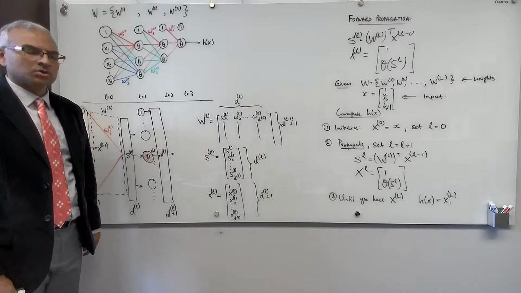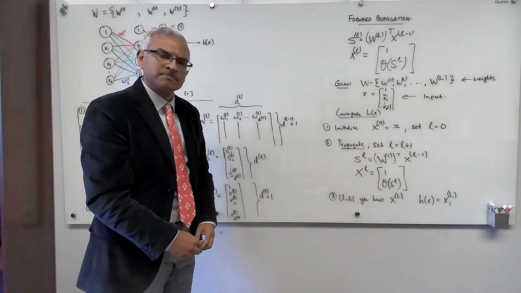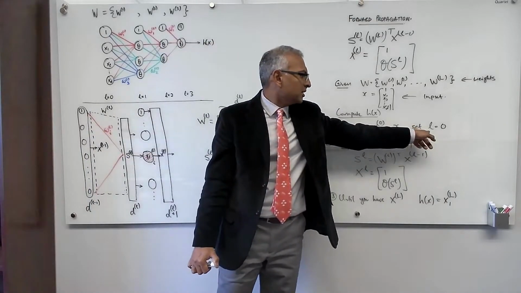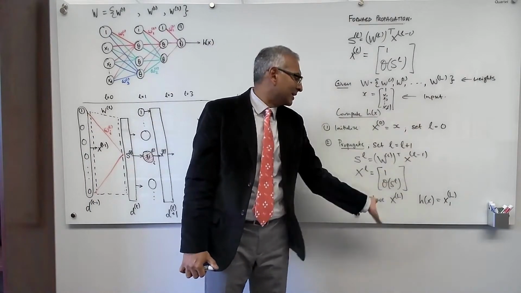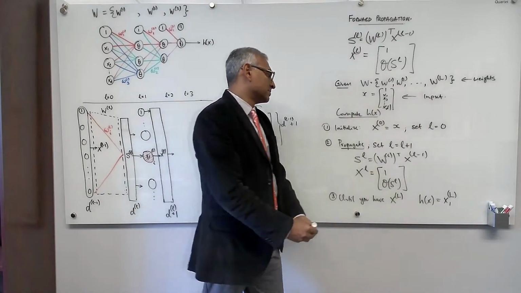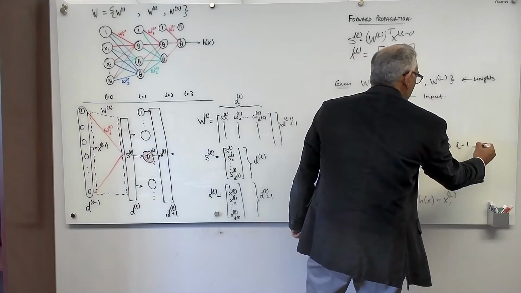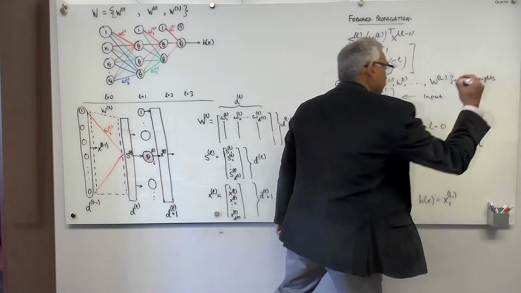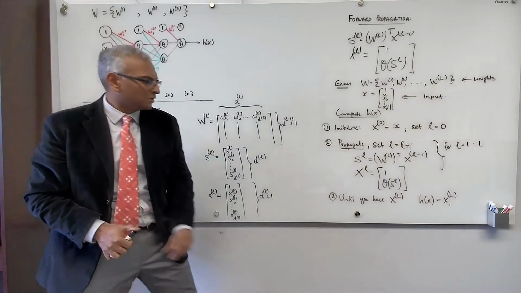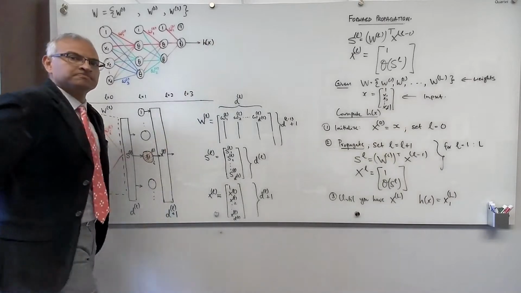So you just initialize and propagate. You start at L equals 0. Now for L equals 1 to big L, you output in this way. And then when we have XL, output XL, the first output.